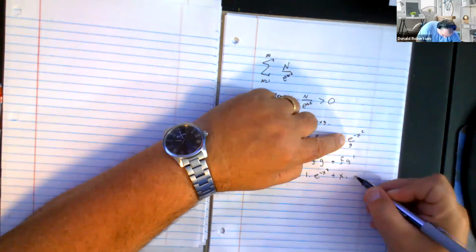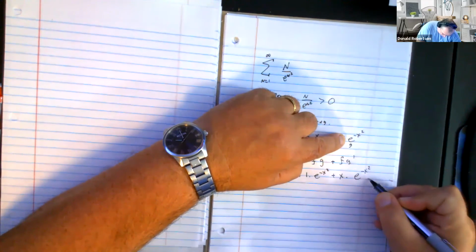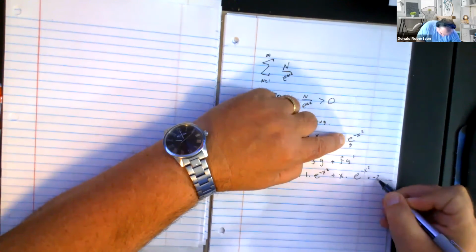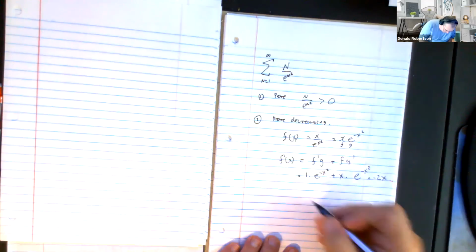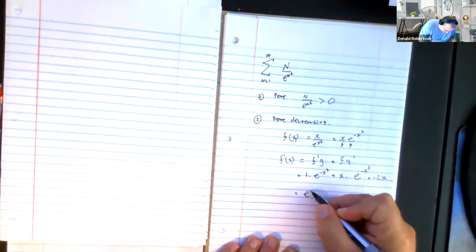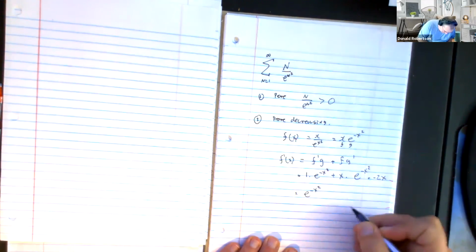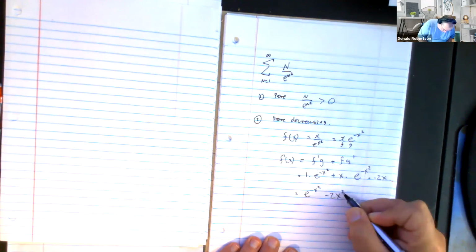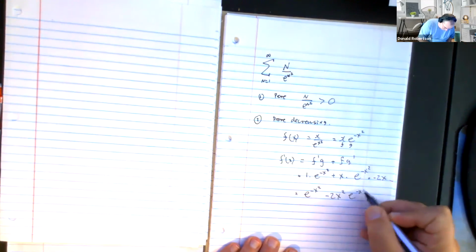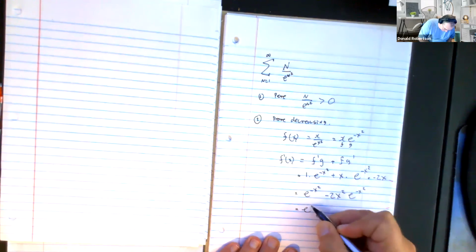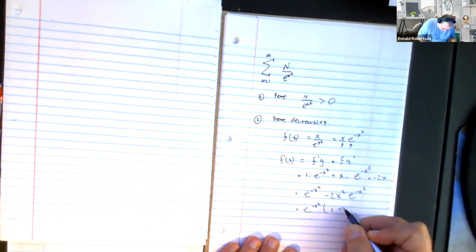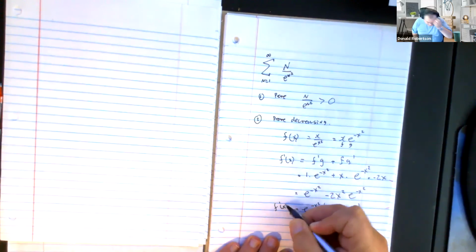It's e to the negative x squared times the derivative of negative x squared, which is that. Which means I now have as my derivative this guy minus 2x squared of this guy. I'm then going to do my style points thing, and I'm going to get that guy. So far, so good?